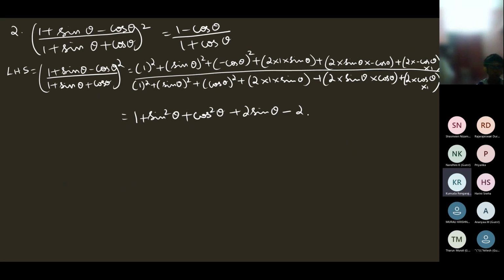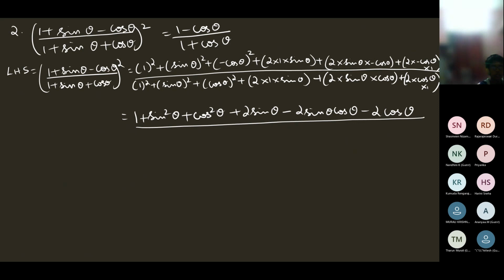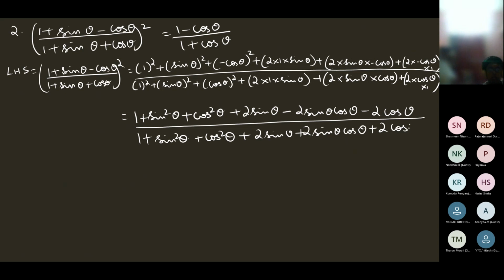Minus 2 sine theta cos theta minus 2 cos theta, divided by 1 plus sine square theta plus cos square theta plus 2 sine theta plus 2 sine theta cos theta plus 2 cos theta.